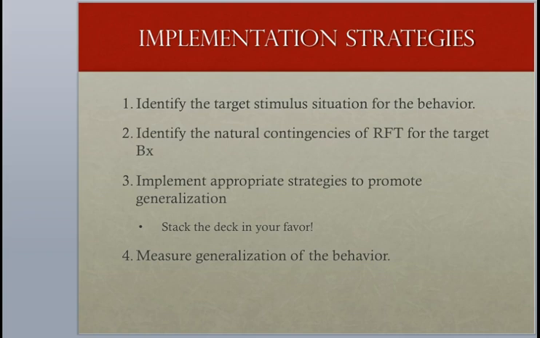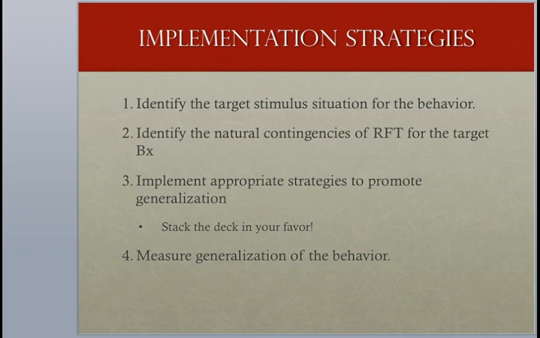Make sure that you train many different members of the stimulus class as the stimulus prompt. So the things that make you, when you're riding your bicycle, stop before crossing the street: stoplights, stop signs, red lights on the back of cars.